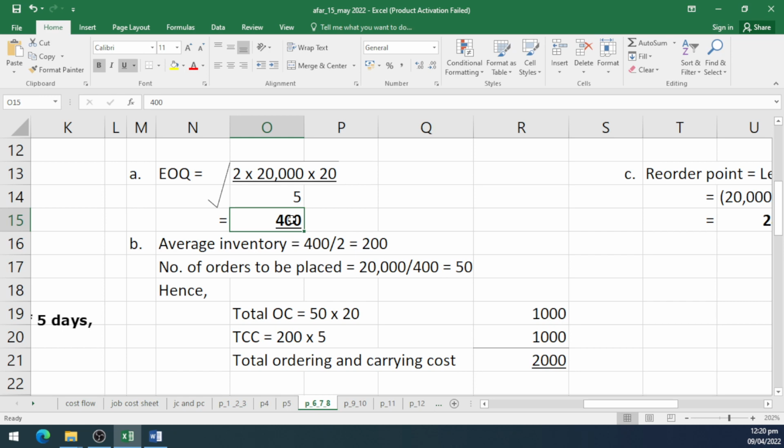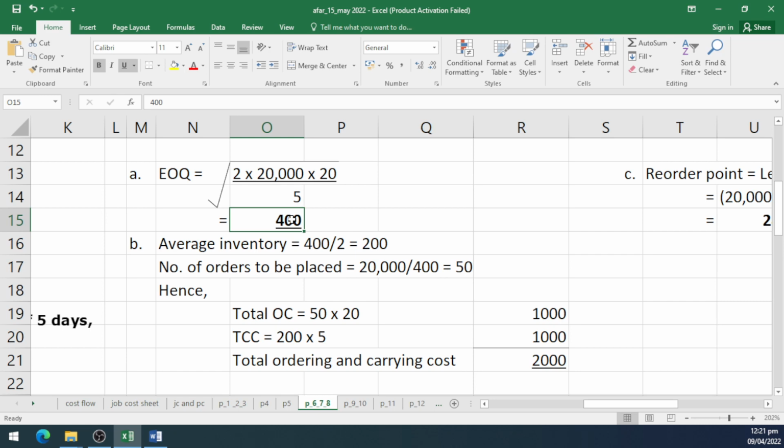So 50 times 20, that's 1,000. Our average inventory is 200. At 200 times 5, the total carrying cost is 1,000. And the total of the ordering and the carrying cost is 2,000. Pansinin nyo, pareho, ano?